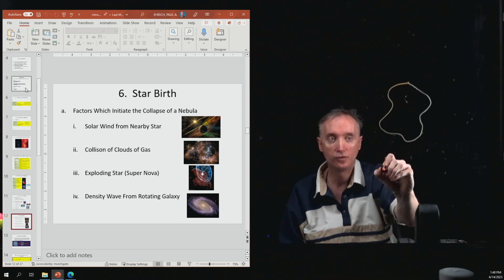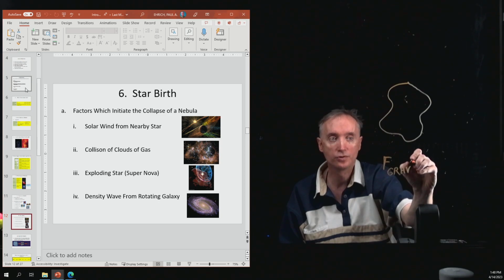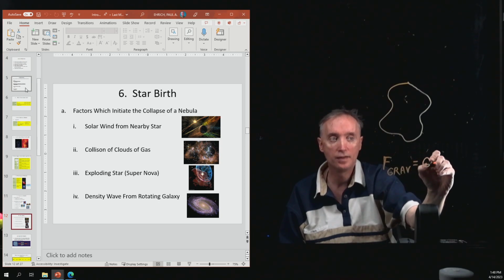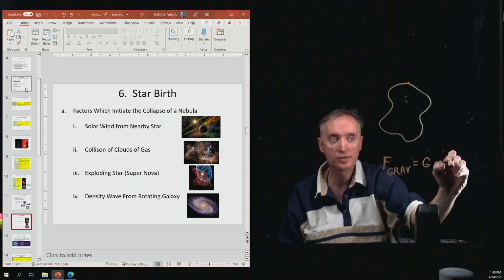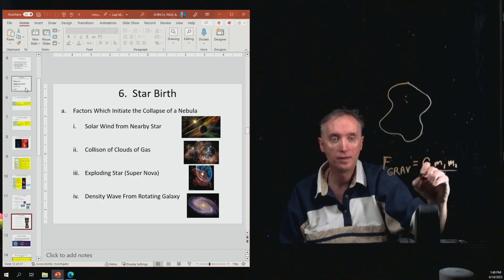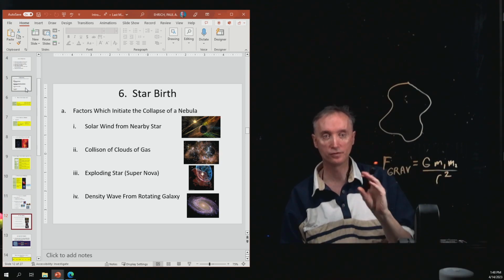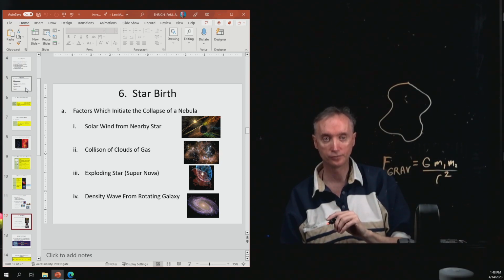Because the force of gravity, if you recall, was equal to big G times the mass of particle 1 times the mass of particle 2, separated by r squared. So that was the formula for the force of gravity.